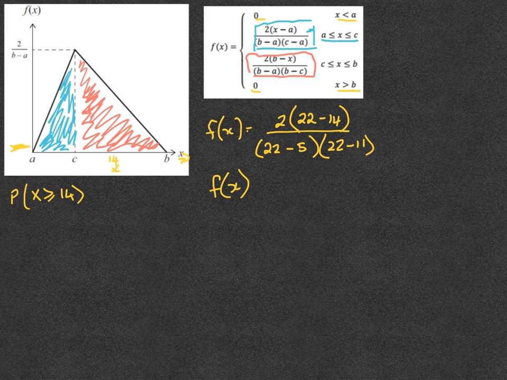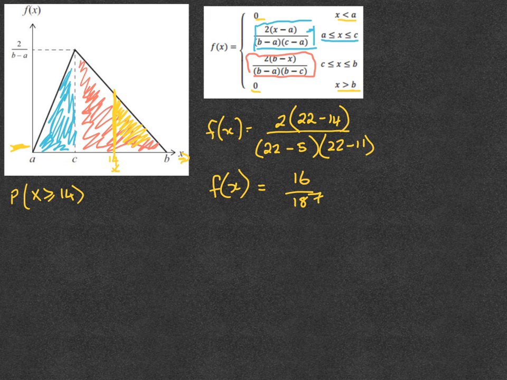So therefore the function of x, if we multiply all that out, is equal to 16 over 187.